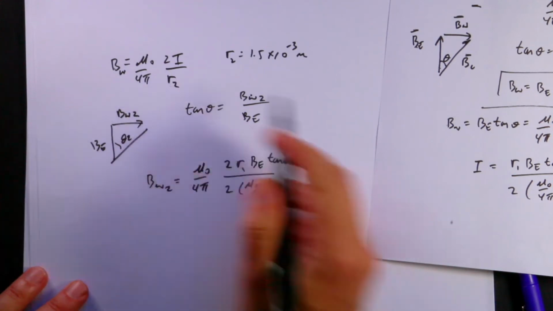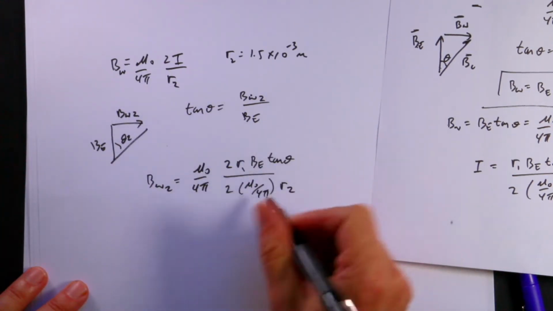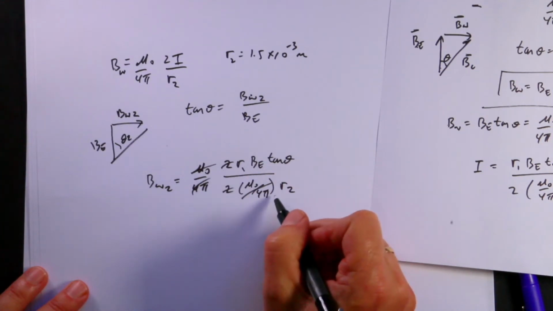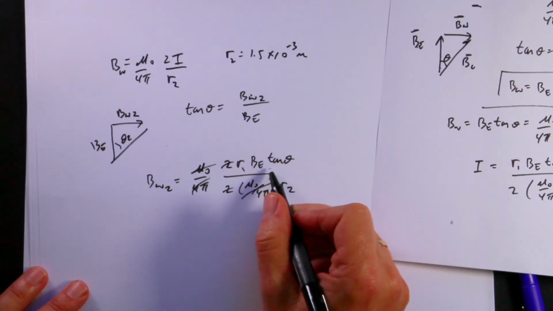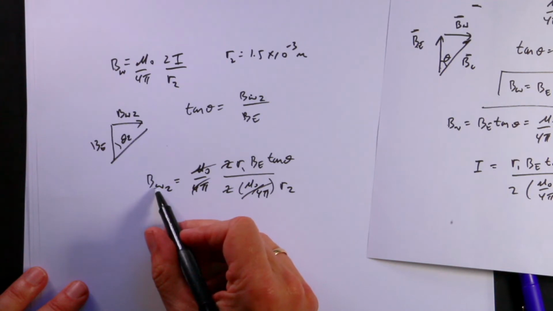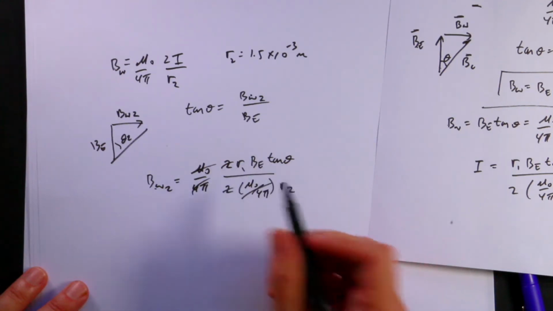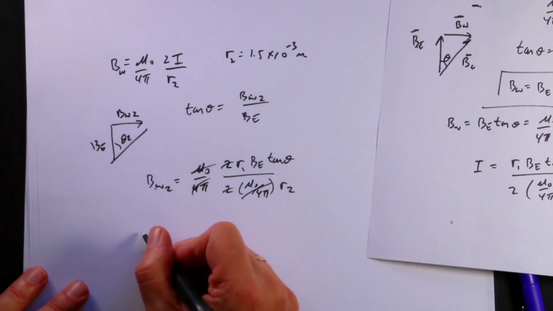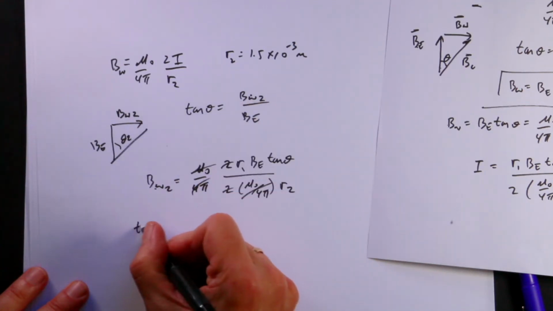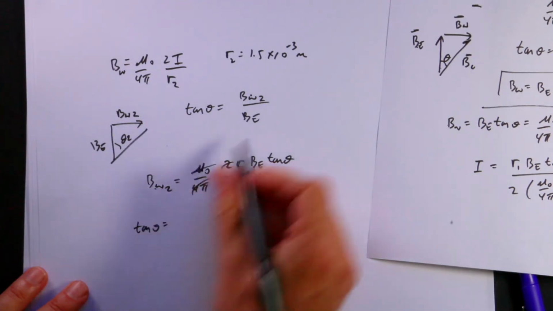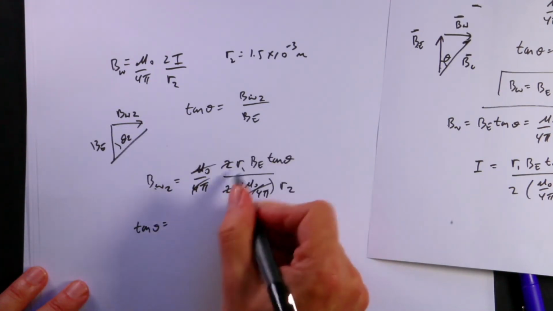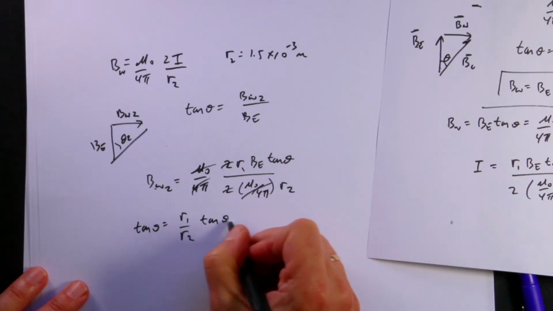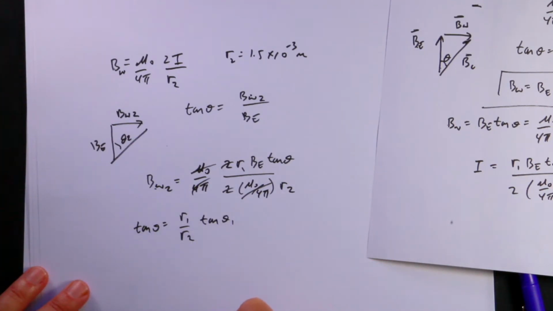And then I need to divide by R2. So this cancels, and I can solve for B wire 2. The magnetic field of the Earth doesn't cancel. But now if I put in tangent theta up here, tangent theta is B wire divided by B earth, I get tangent theta is going to be R1 over R2 tangent theta 1. Okay, so I'm going to do it both ways.